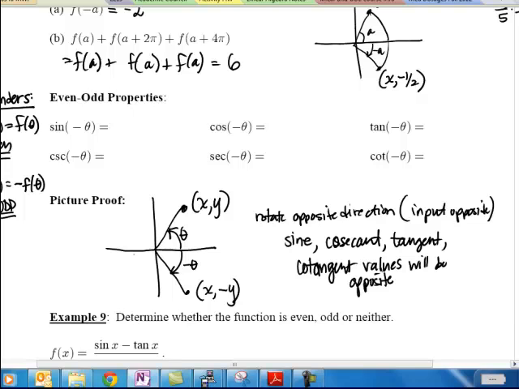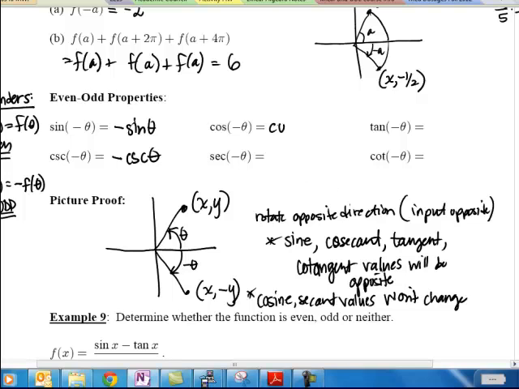But the cosine and the secant won't change, because those just involve the x-coordinate. So if we make the opposite rotation, the sine function actually will take on the opposite value. The cosecant will take on the opposite value.